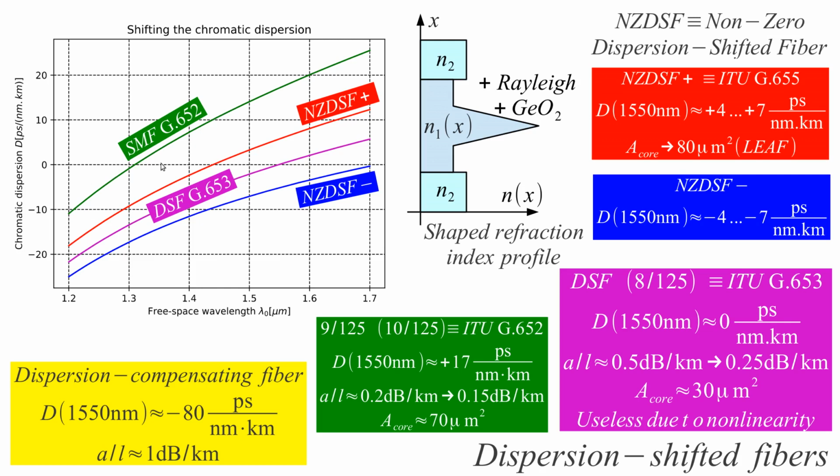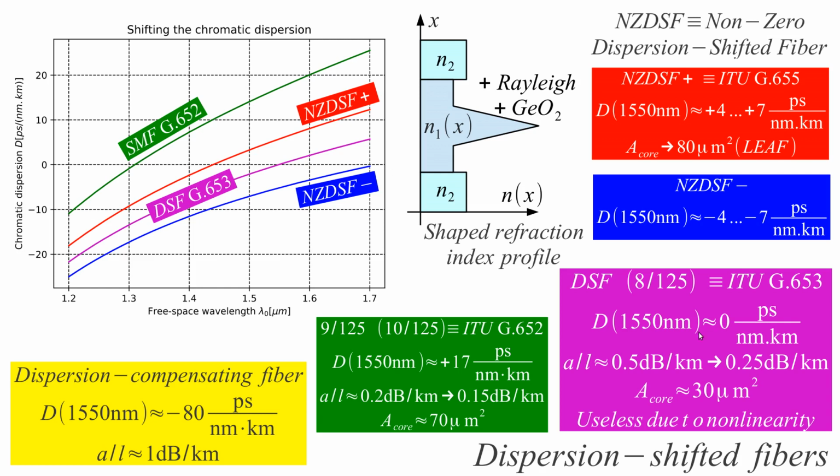This was standard single mode fiber that had here at 1.52 17 picoseconds per nanometer kilometer, while down here we get to 0. And this fiber was called dispersion-shifted fiber because it has a smaller core of 8 micrometers. It was 8/125. ITU also standardized it as G653. This fiber was intended for transoceanic cables.